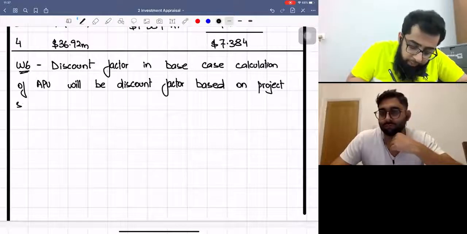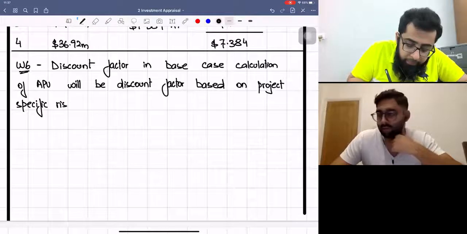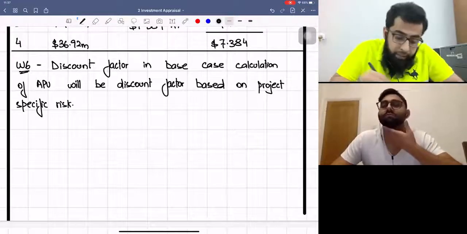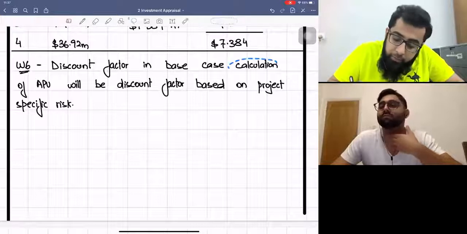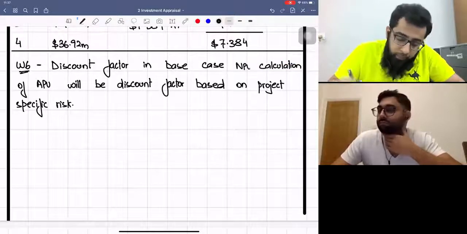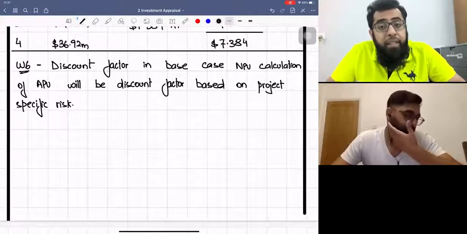Discount factor in base case NPV calculation of APV will be the discount factor based on project specific risk.